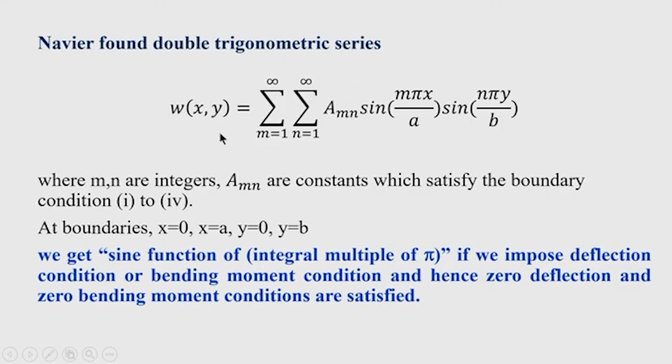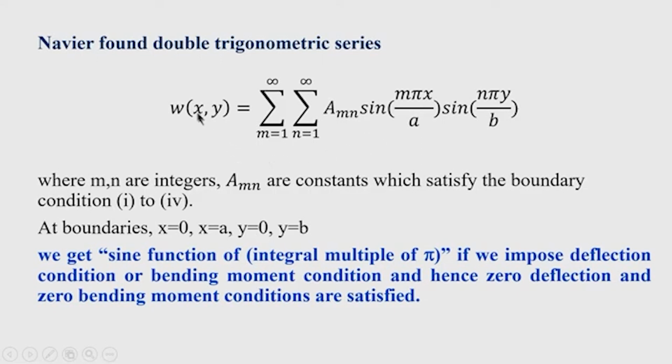The satisfaction of the boundary condition, especially for bending moment along the x direction, requires that the curvature along the x direction, that is del square w by del x square, equal 0. If you take the second derivative of this equation, then obviously an m square pi square by a square term will come, and again this sine function will appear with a proper sign. So, again this condition del square w by del x square is satisfied.